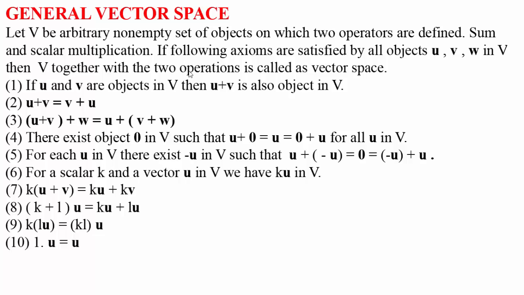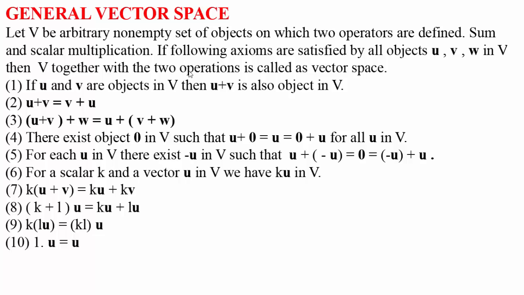Seventh, k times (u plus v) equals ku plus kv. Eighth axiom, (k plus l) times u equals ku plus lu, for any two scalars k and l. Ninth axiom, k times (lu) equals (kl) times u, and 1 times u equals u.